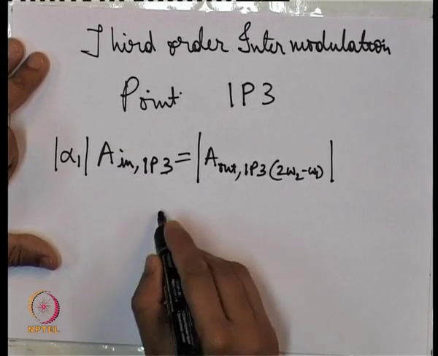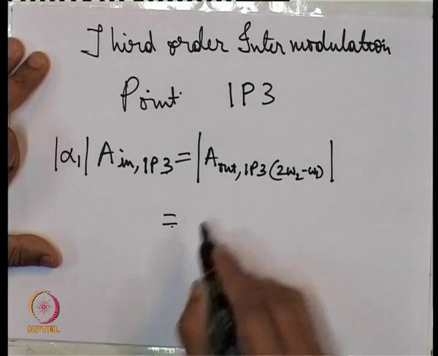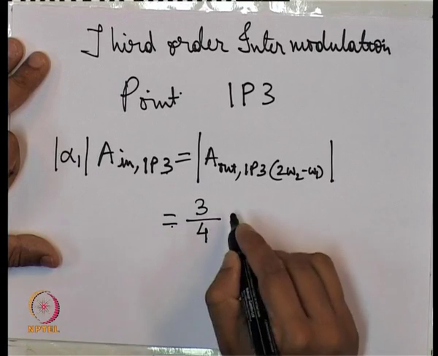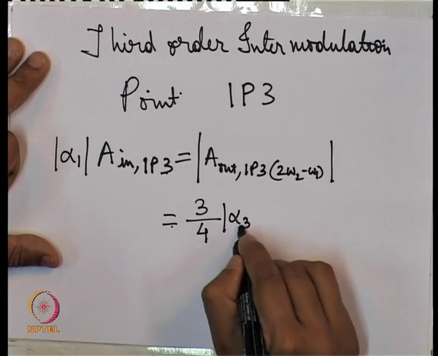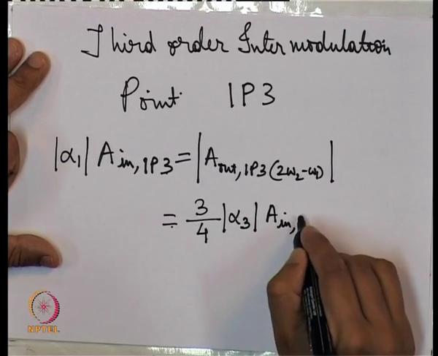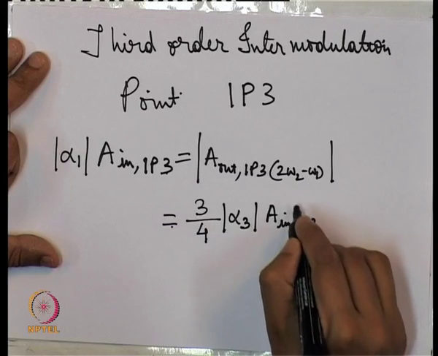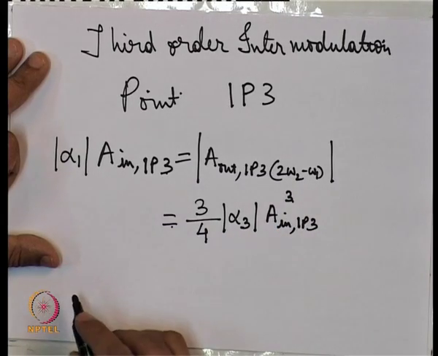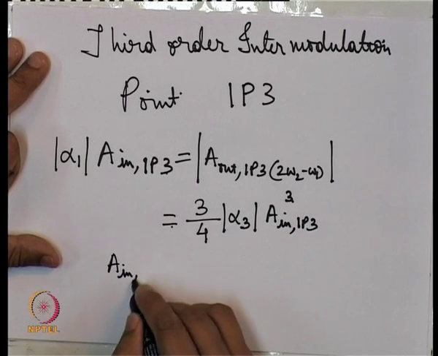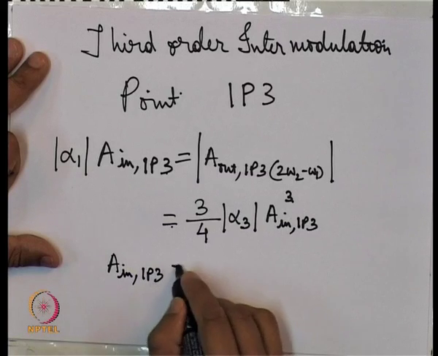Okay, and this in turn, as you know, the amplitude of the intermodulation product is equal to, so from here we get this A in IP3.